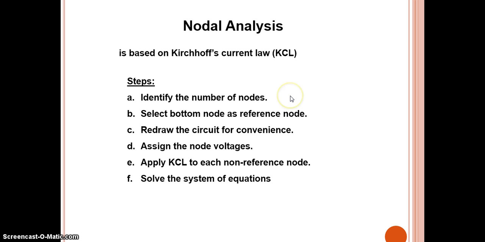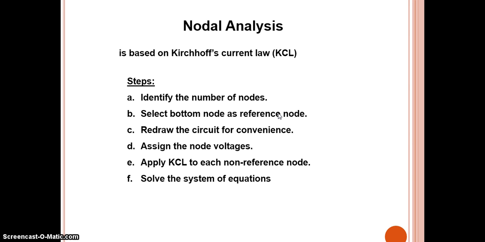First we have to see how many nodes are there in the circuit, including the reference or ground node. So total number of nodes we have to identify first, and second step, take the bottom node as the reference node. So the ground, normally we'll say the ground. All the grounds are taken as a common node and it is called a reference node.